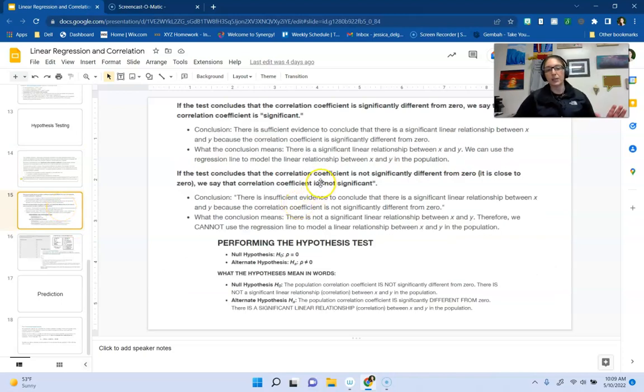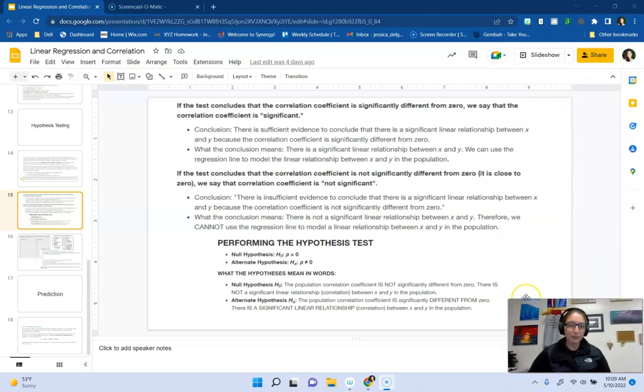So let's see how we do this, and let's see in words how this is going to work. If the test concludes that the correlation coefficient is significantly different from 0, we say that the correlation coefficient is significant, okay? So here's the conclusion. There is sufficient evidence to conclude that there is a significant linear relationship between x and y because the correlation coefficient is significantly different from 0, right?